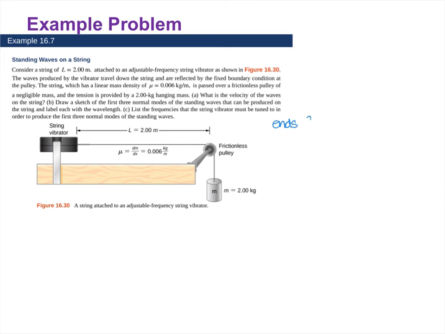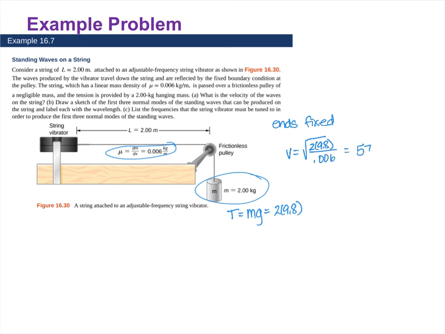And this is how we create the tension, so the tension is equal to mg, which is 2 times 9.8. And then we're told the mass per unit length. So we can figure out the velocity of this wave: 2 times 9.8, because the tension is caused by the weight that's hanging, divided by 0.006, and I got 57.2 meters per second.